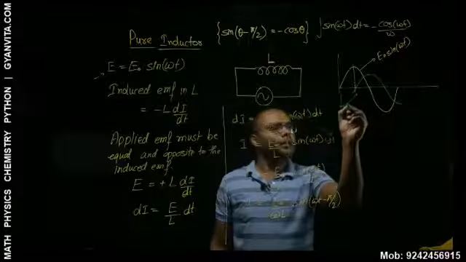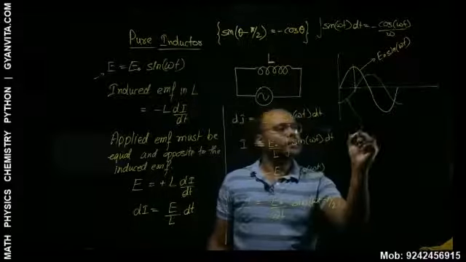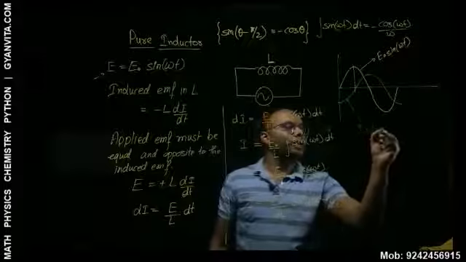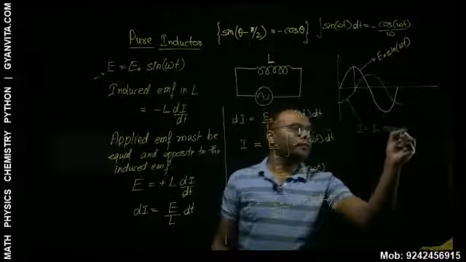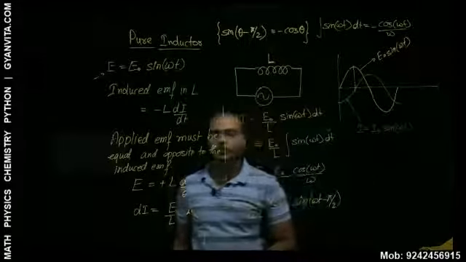The green curve is I equals I naught sine omega t.